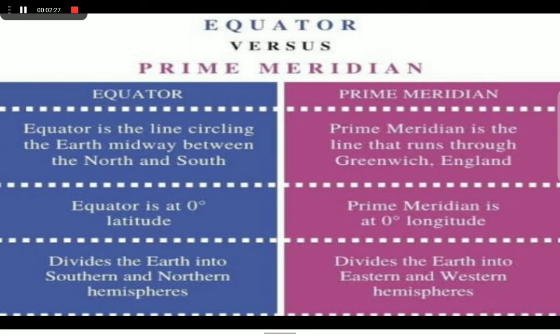The equator is marked as 0° latitude. The prime meridian is marked as 0° longitude. The equator divides the earth into the southern hemisphere and the northern hemisphere. The prime meridian divides the earth into the eastern hemisphere and the western hemisphere.